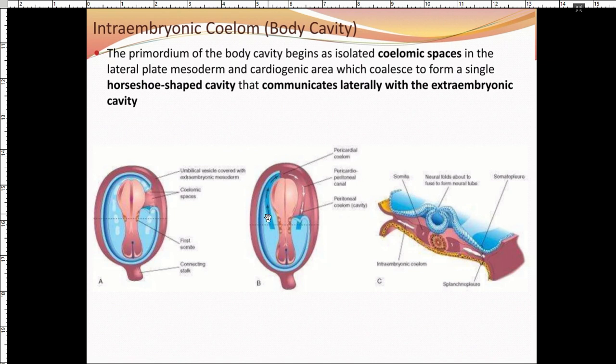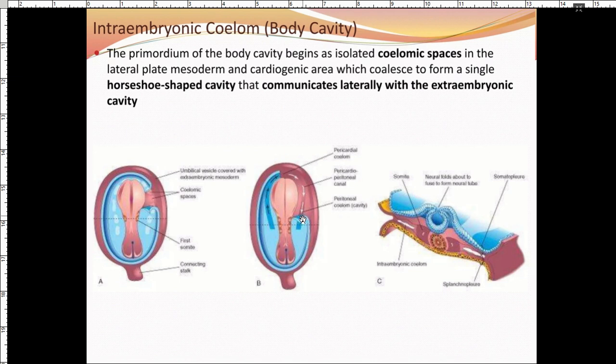You understand? So you can see even these spaces, and then they are going to coalesce and form a horseshoe-shaped cavity.